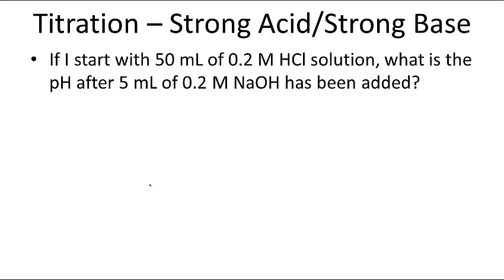This is where we're going to go back to our reaction that we know is occurring. So a reaction that we know is occurring is H plus plus OH minus makes H2O. We pretty much said this reaction is going to go to completion.